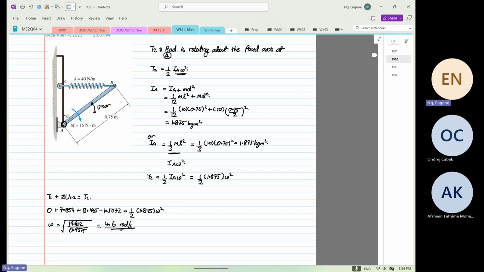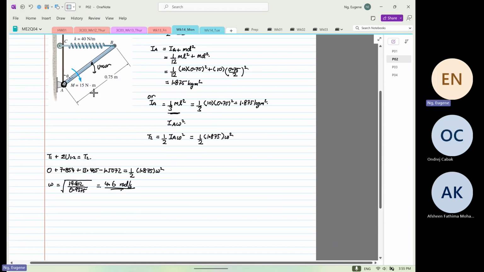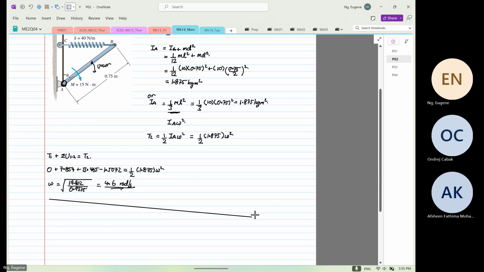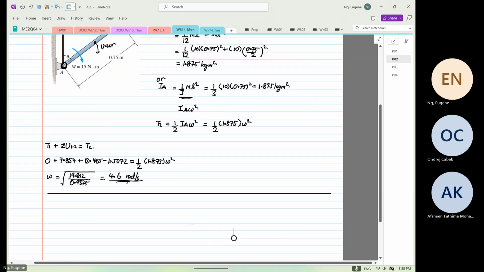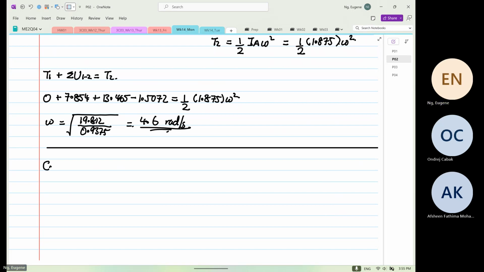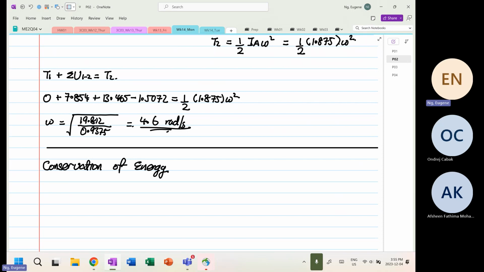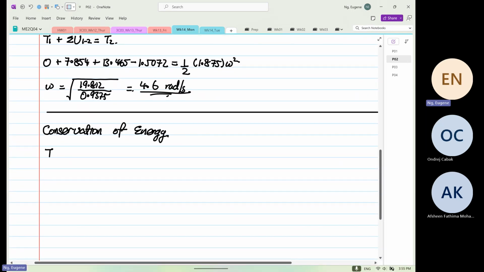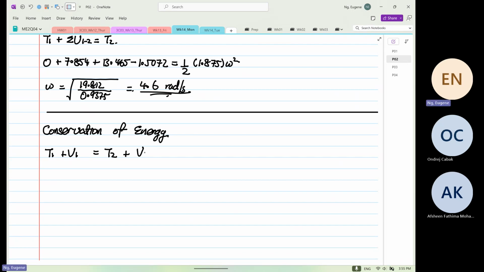Okay. Now the last section is very similar to what we have learned before. Nothing really new. This is based on conservation of energy. So conservation of energy is basically T1 plus V1 is equal to T2 plus what? V2.